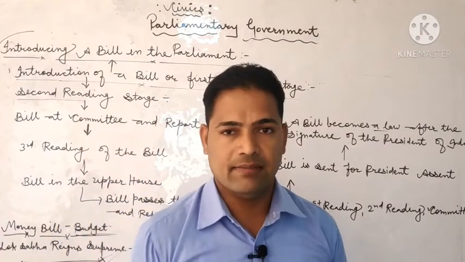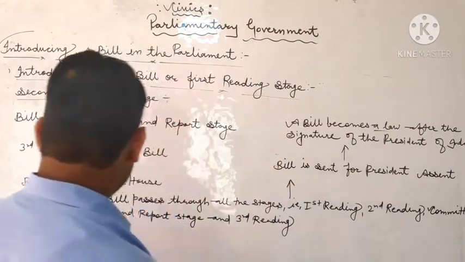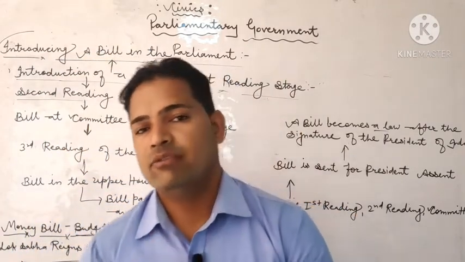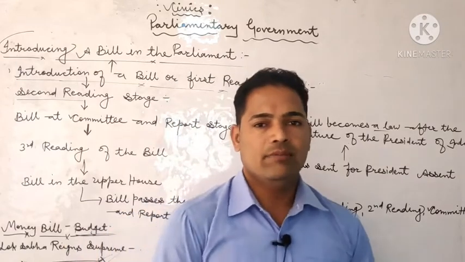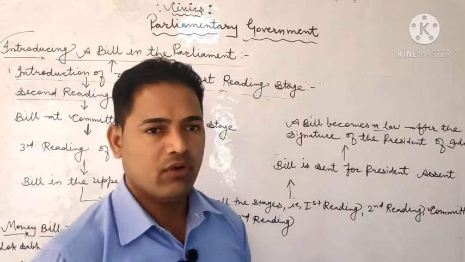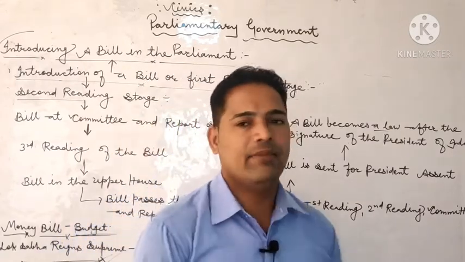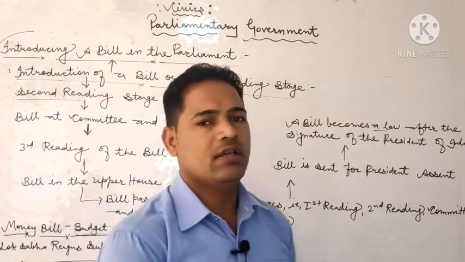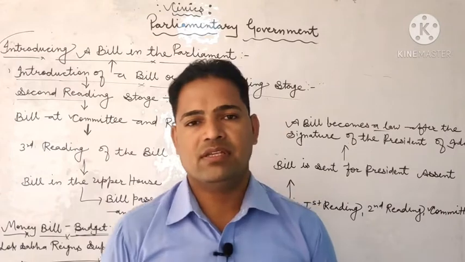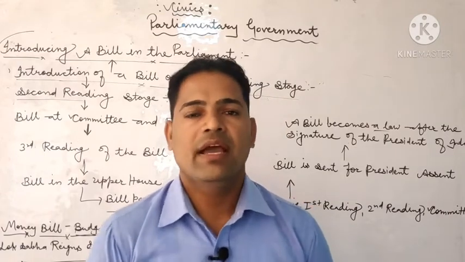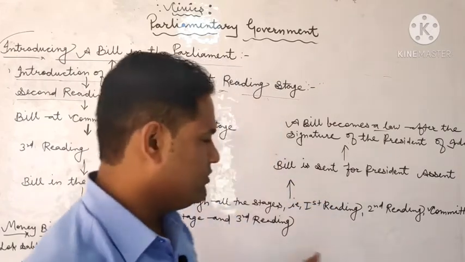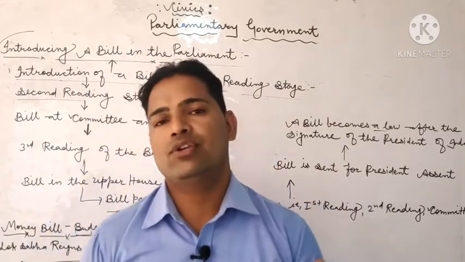Number two, my dear students, is that the Lok Sabha has full control over the Council of Ministers. How? If the Council of Ministers is not good and the majority in the Lok Sabha passes a no confidence motion, then all the Council of Ministers have to resign from their posts, and then elections are held again. So all the Council of Ministers are under the control of the Lok Sabha.